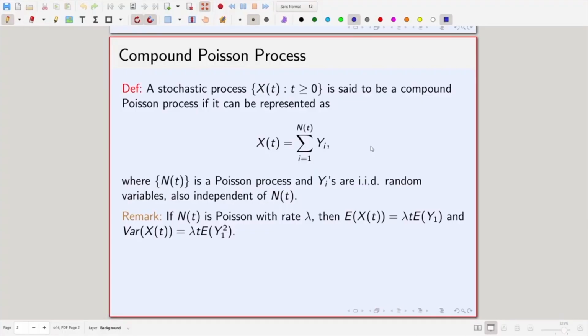A stochastic process X_t is said to be a compound Poisson process if it can be represented as this kind of a random sum.